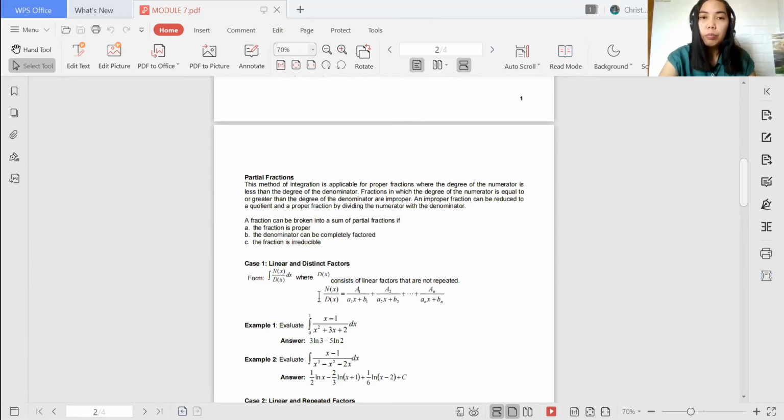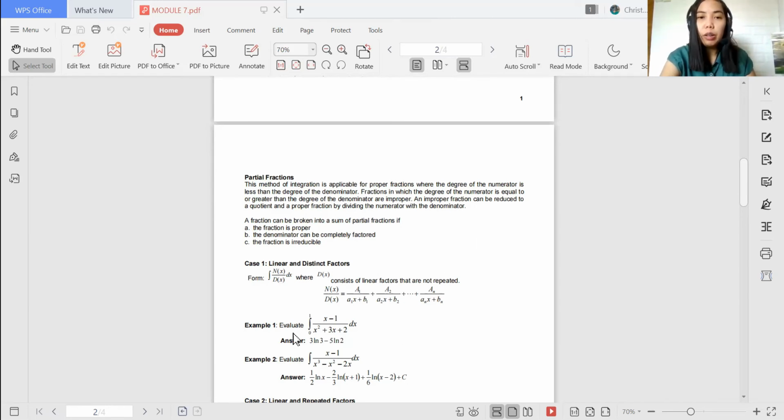So given this form, you apply case one. You're going to have n of x over d of x equal to a sub 1 over a sub 1 x plus b sub 1, plus a sub 2 over a sub 2 x plus b sub 2, up to a sub n over a sub n x plus b sub n.